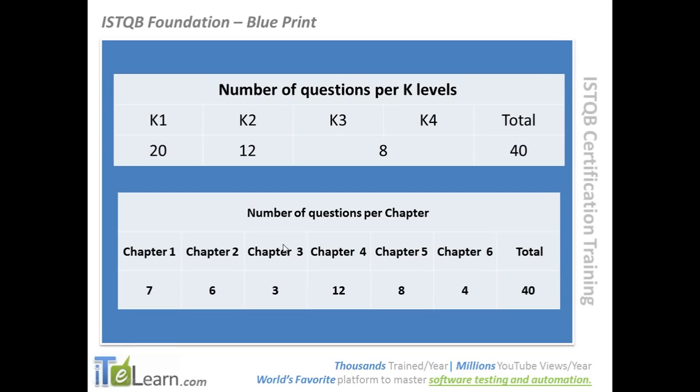The least number of questions comes from chapter 3. This way we focus on chapter-wise coverage as well as K levels and blueprint areas, which will help you crack the examination. It is a guide or tool to make your examination easier.